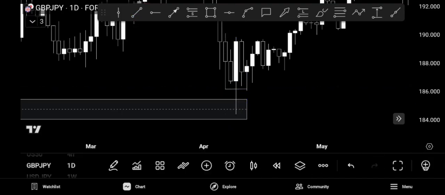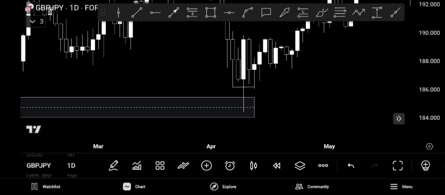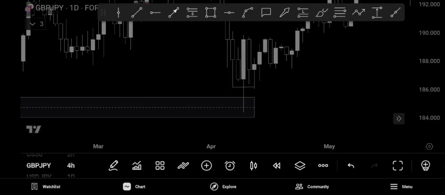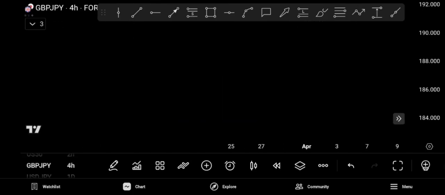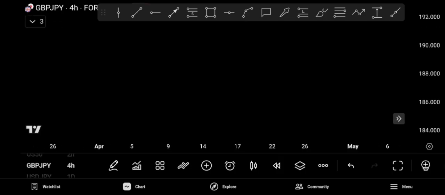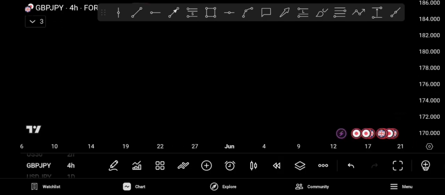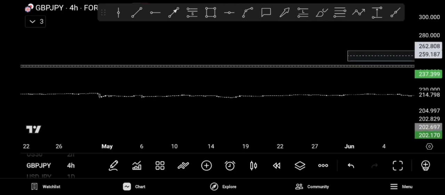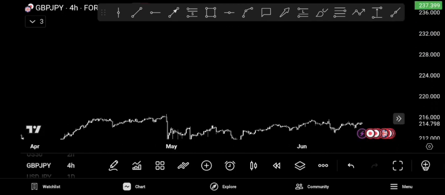Now what you want to do next is go to the lower time frame, 4 hours, to look for our breakouts. What do we use to look for our breakouts? We use our line charts.